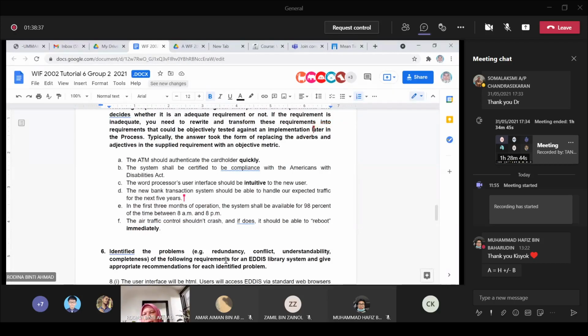In software engineering terms, we say the mean time to failure of that particular ATC system should be, for example, 480 hours or 4,000 hours within a month. It should be able to function at least 4,000 hours before the next maintenance within a month. So you should mention that clearly. You get it?